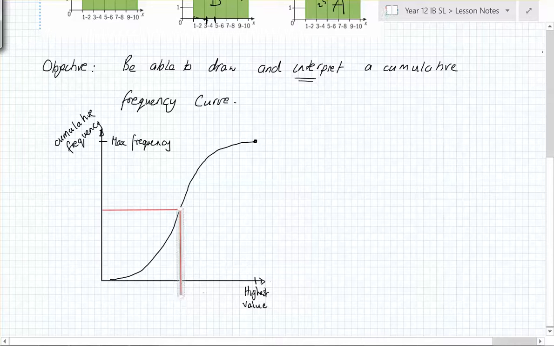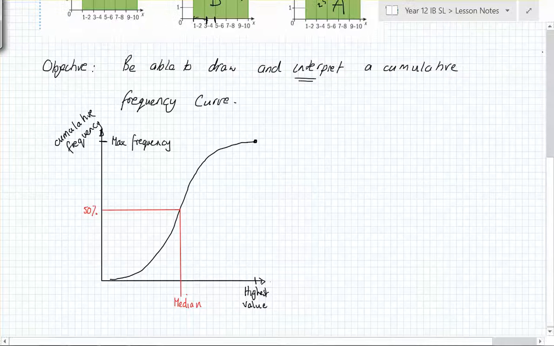And this value here would be the median. So this would be 50% of the frequency, so the 50th percentile. What about my quartiles that we've looked at with box and whisker?